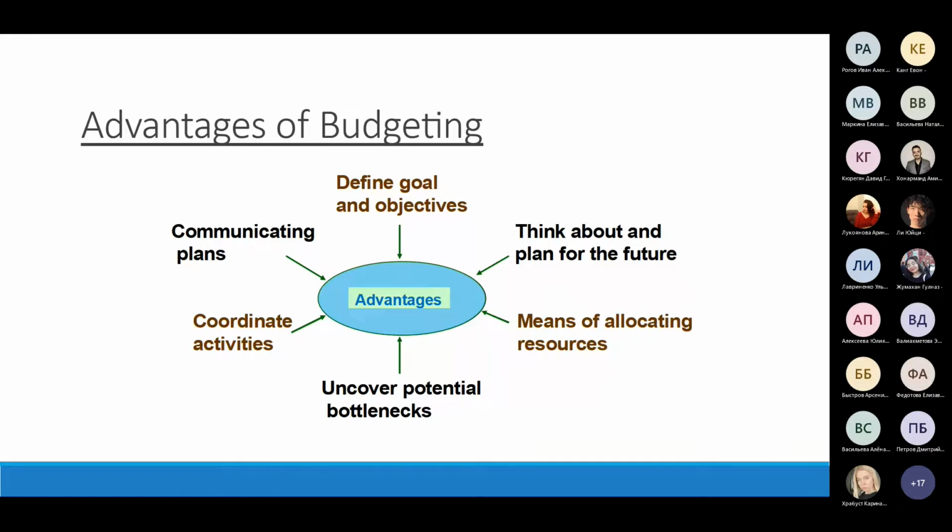And the last one is that a budget could help the company to define its goals and objectives, because sometimes production is going on, but people do not think about the future, and finally they may face the situation when those products are not very modern and the demand is decreasing, but they didn't do something with the goals and objectives and continue production of the same products.